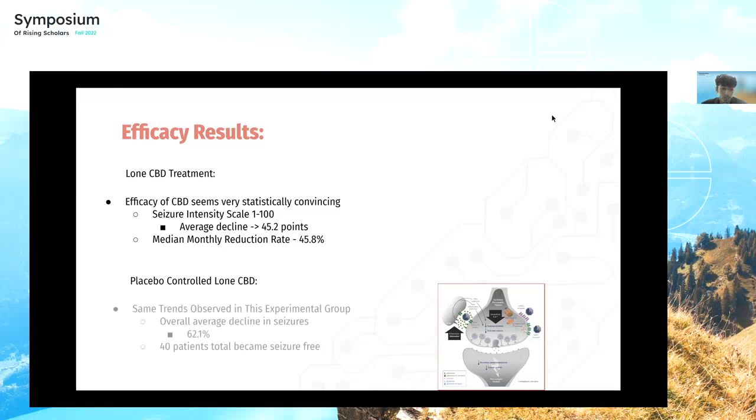Now let's look at placebo-controlled trials, not including adjunctive treatment. These same trends were also observed, as we saw a 62.1% average decline in seizures, and overall 40 patients total became seizure-free.